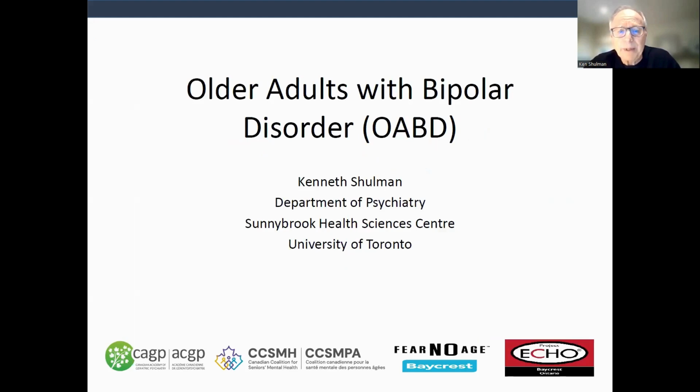However, I'm hoping that today we can highlight issues that are raised from this specific topic, which is bipolar disorder in older adults, or known as OABD. That's the short form that those of us who have a special interest in this use. But that we can generalize principles to all other conditions from a geriatric perspective.